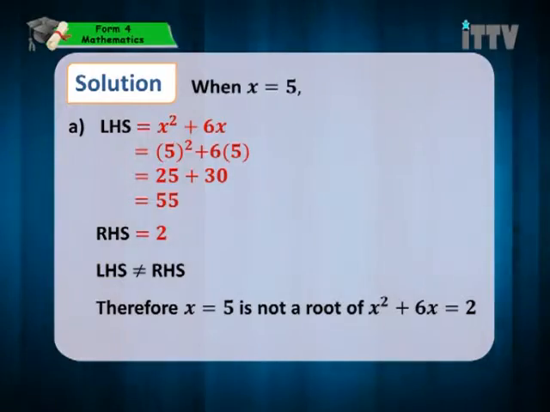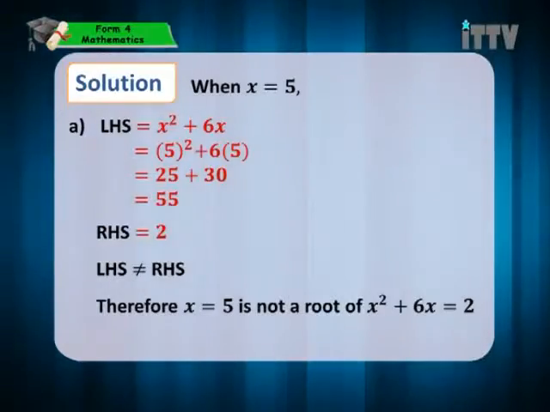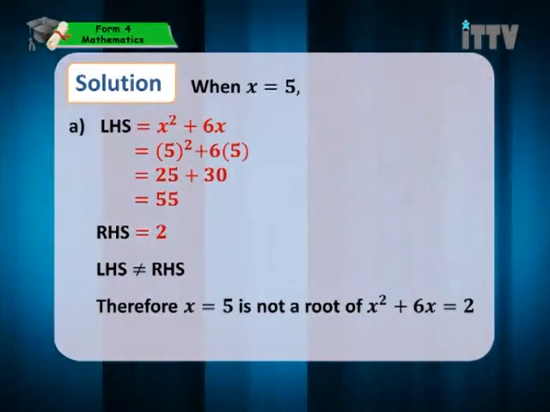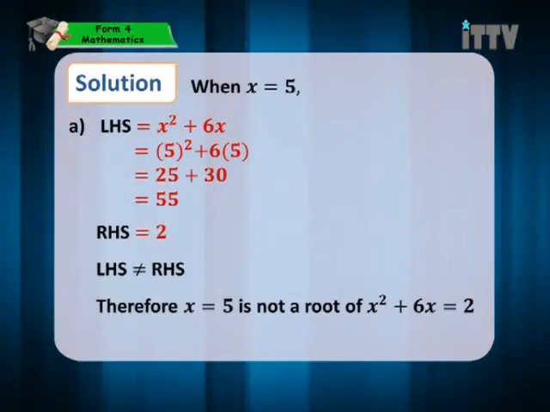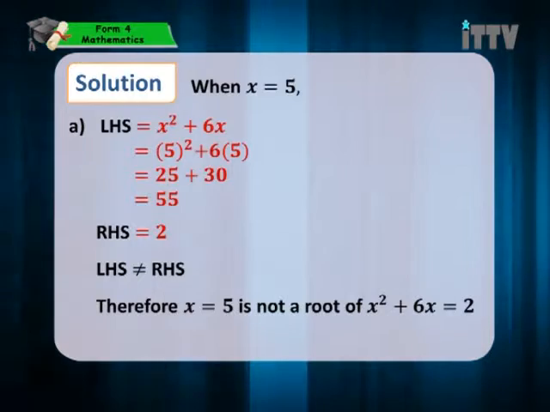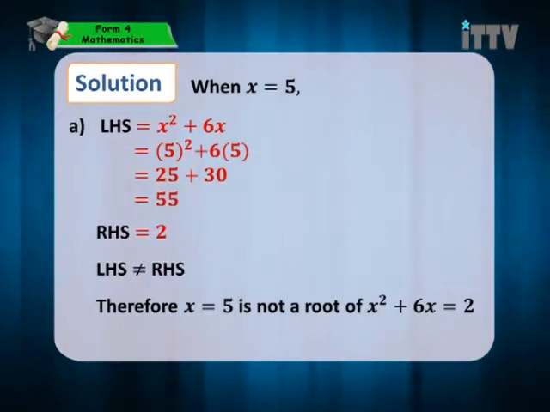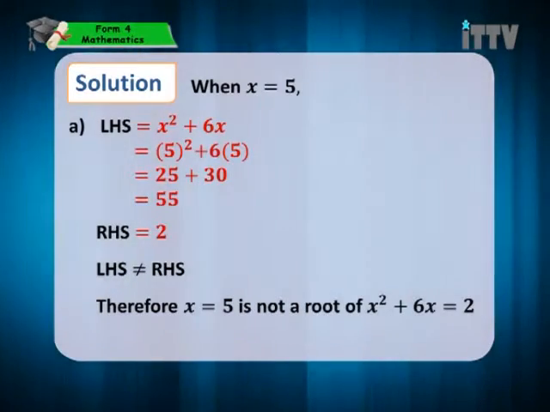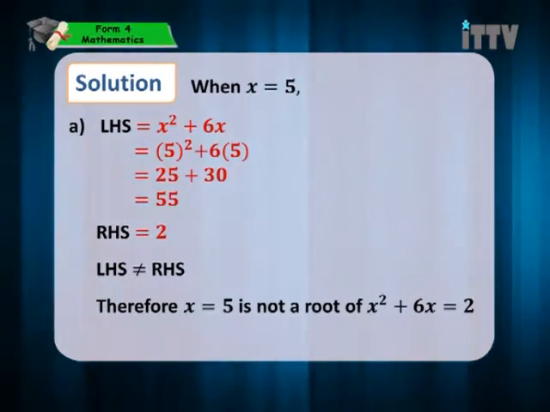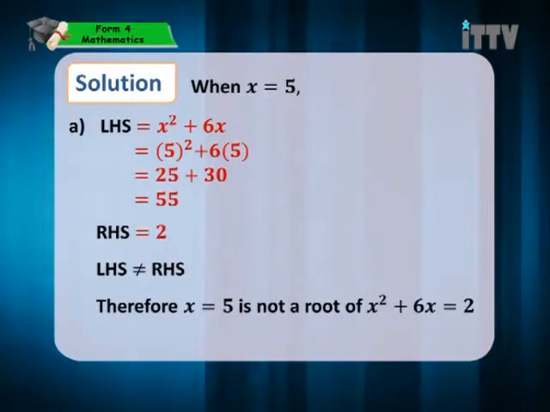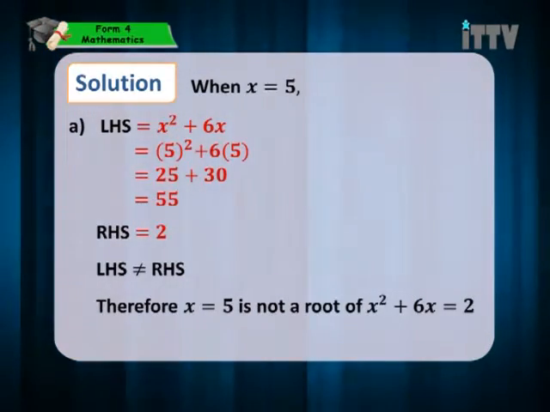Look, it is not equal to the right-hand side because the right-hand side's value is 2. And because the left-hand side's value is not equal to the right-hand side's value, x equals 5 is not a root of x squared plus 6x equals 2.